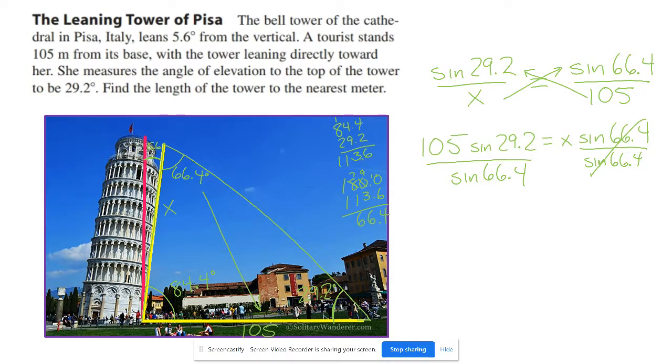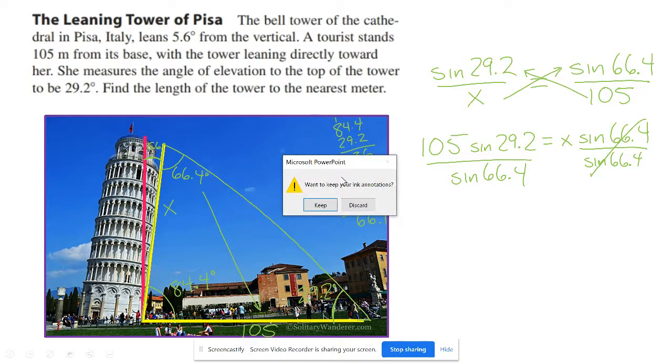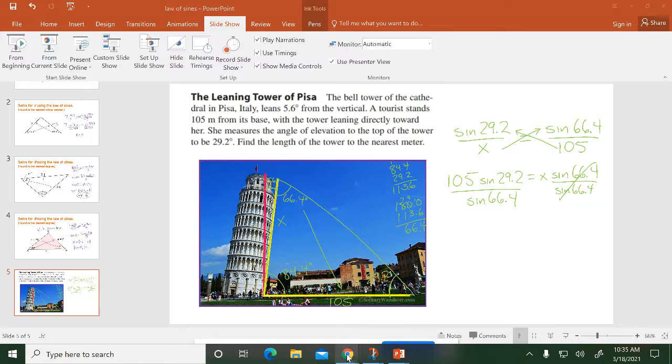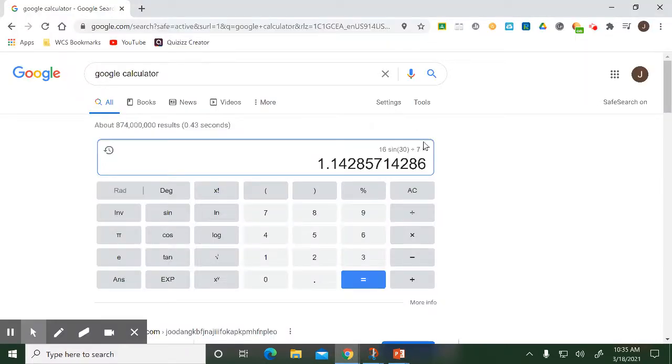So one more time to the old Google calculator to work this out. Okay, we've got 105 times the sine of 29.2 divided by the sine of 66.4.